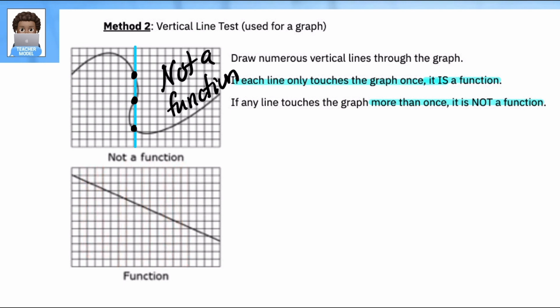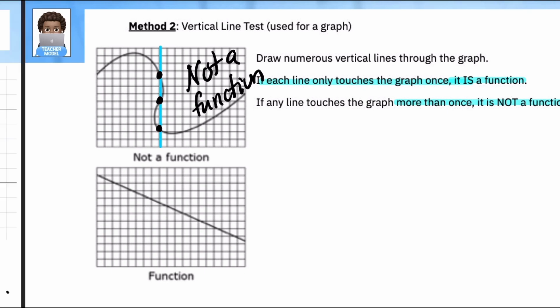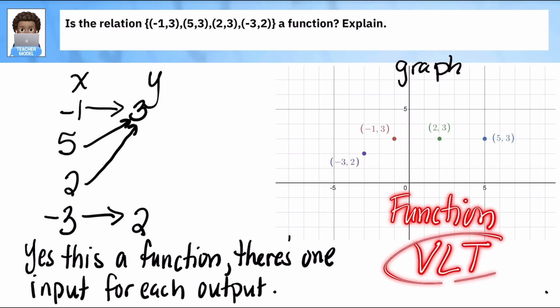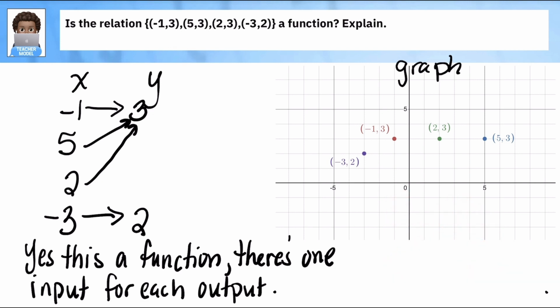So that's what makes it a function. And that's what I was talking about in the last problem. I can draw a straight line through any of these points, and they don't stack on top of each other. And that is why this would pass our vertical line test. And you can literally annotate VLT for vertical line test.